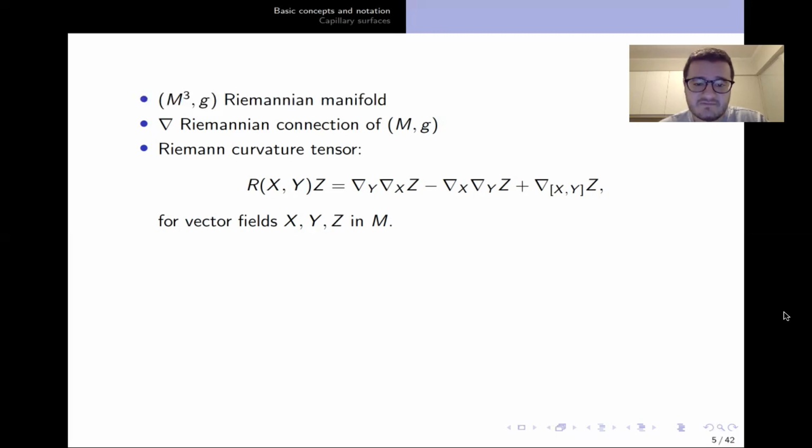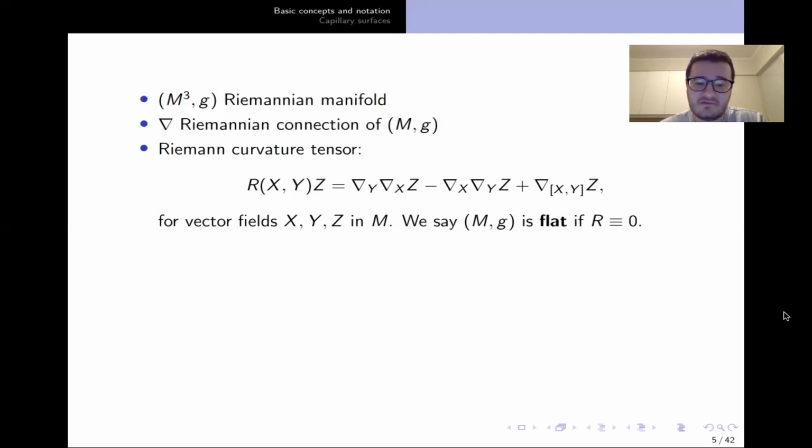We say that M is flat whenever R is identically equal to 0. This means that M just looks like the Euclidean space.